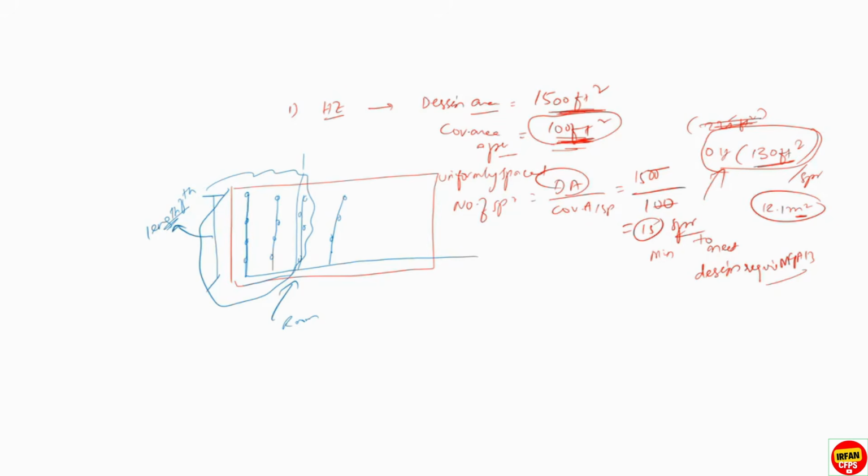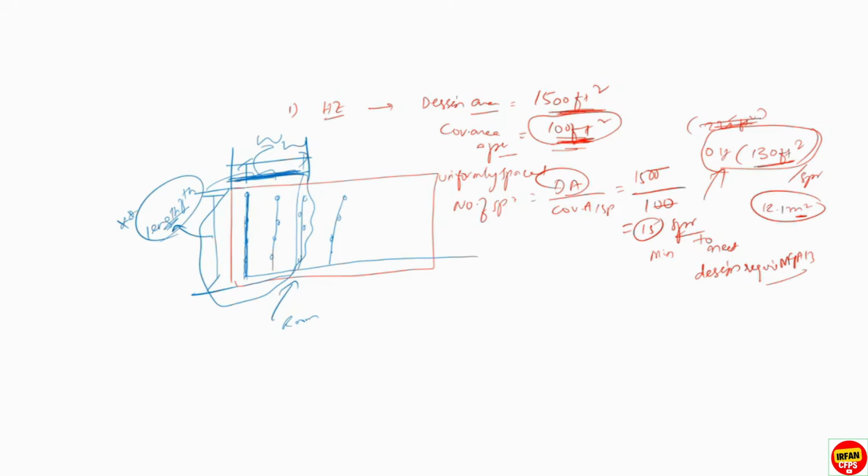The distance between the branch lines will be considered as the width. The length will always be parallel to the branch line. So this will be the length, and this will be the width. This is the most important point, so just remember it.